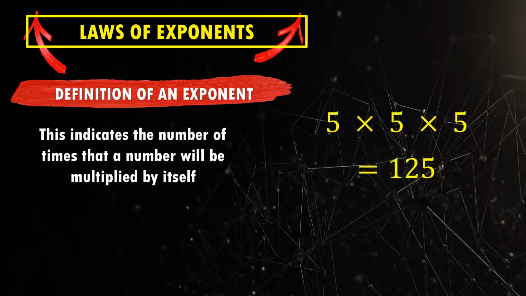So we have 125. Kung kanina nakita nyo is 5 raised to 3 yung given natin, wherein yung exponent natin is 3, tatlong beses nyo lang uulitin yung base, which is si 5. Kaya nag-come up tayo sa ating sagot na 125.